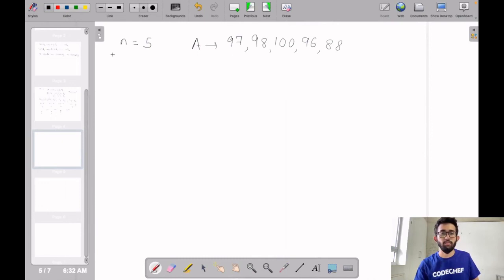Consider another example from the sample test cases. N is 5 here and array A is 97, 98, 100, 96 and 88. Consider array B, which is array A in increasingly sorted manner.